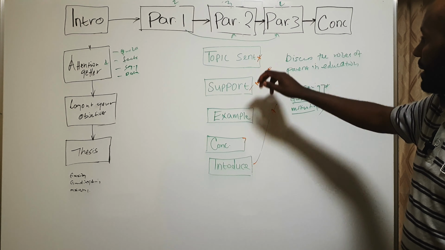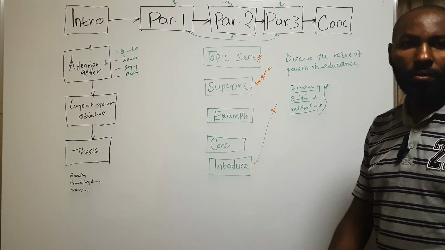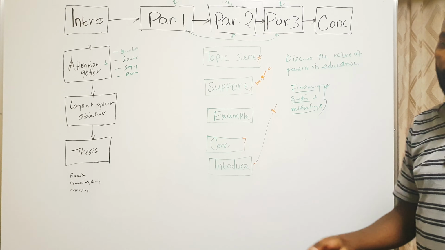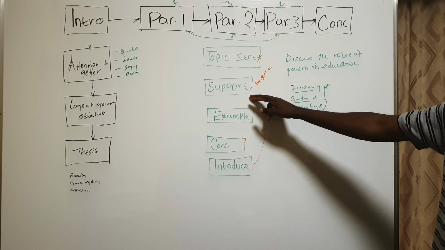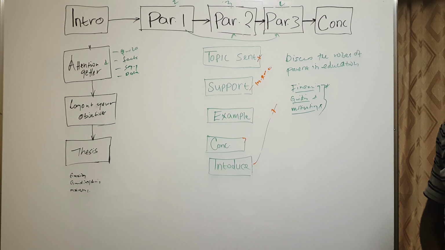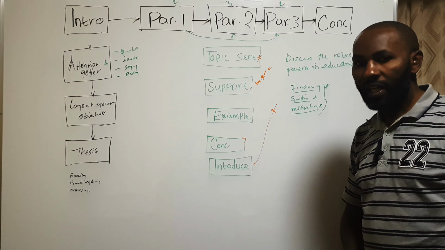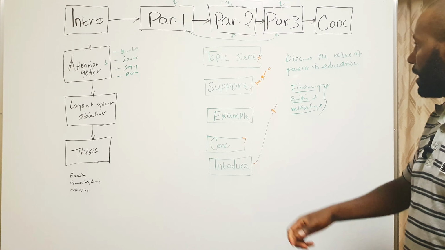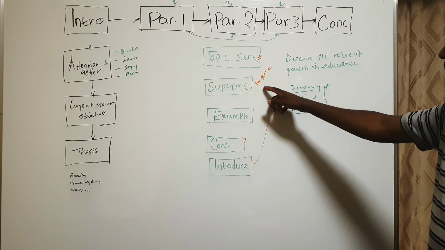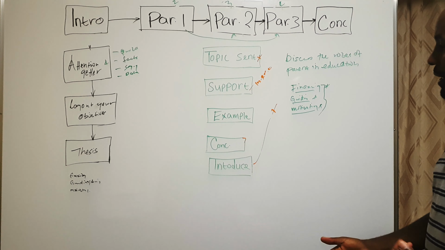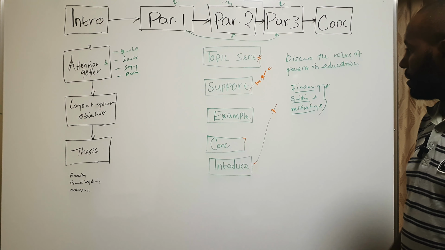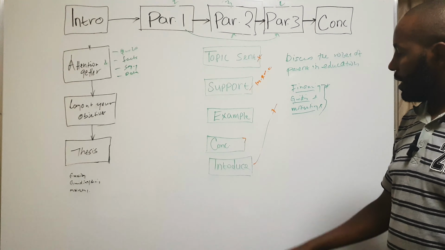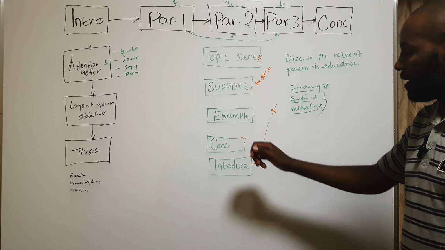From the topic sentence, you go directly into supporting what you've just said. So you're going to look for literature. In this case, if it's academic, it's always good to look for peer-reviewed literature and support by putting in in-text citations. So you quote the author that supports your discussion, you provide an example, and then you conclude that paragraph.